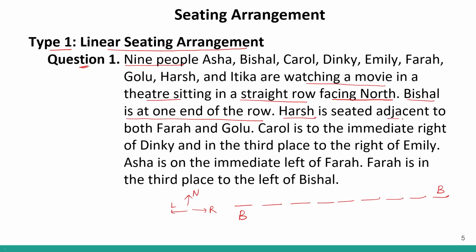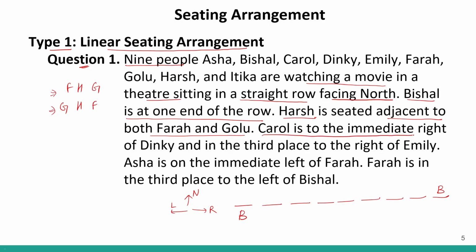Harsh is seated adjacent to both Farah and Golu. So Harsh can be between Farah and Golu, like this or the other way, because we don't know whether Golu is to the right or Farah is to the right. So Bishal is at one end, two possibilities, and Harsh is between Farah and Golu, again two possibilities. We don't know which one is true.